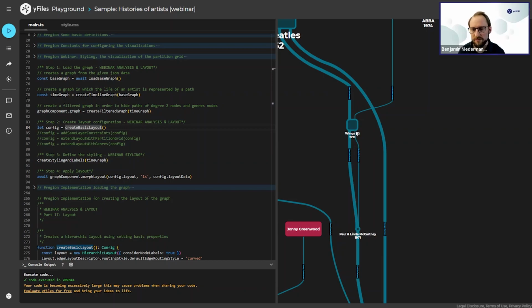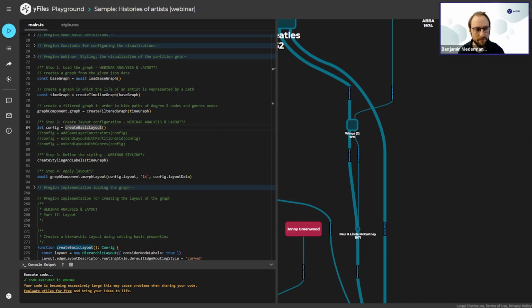But I didn't do this. So what I need to do is introduce some constraints saying that these should at least lie on the same layer, so that there is not the visual impression that this group was founded first before this group, because this could be a wrong visualization.